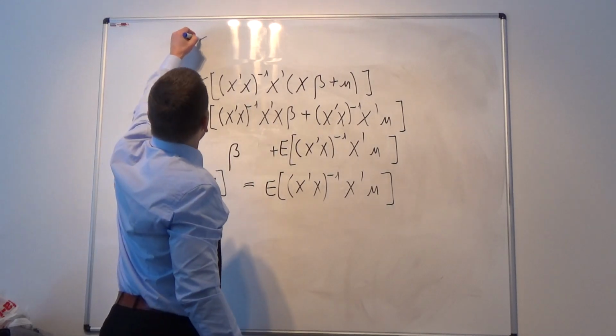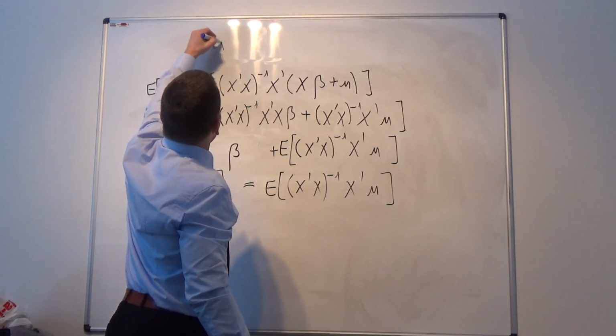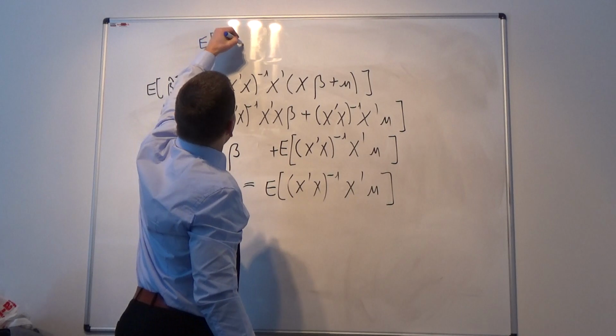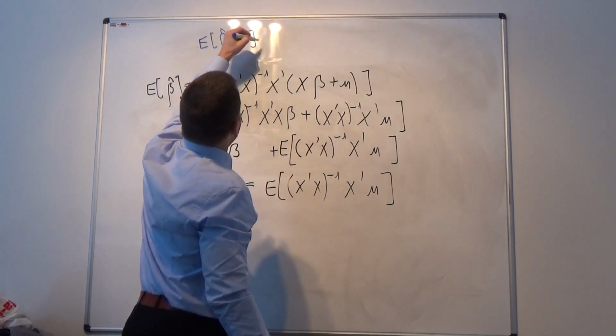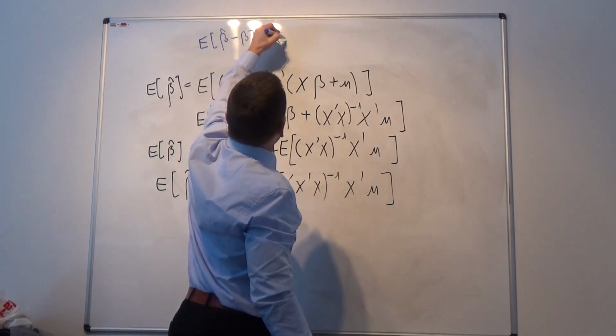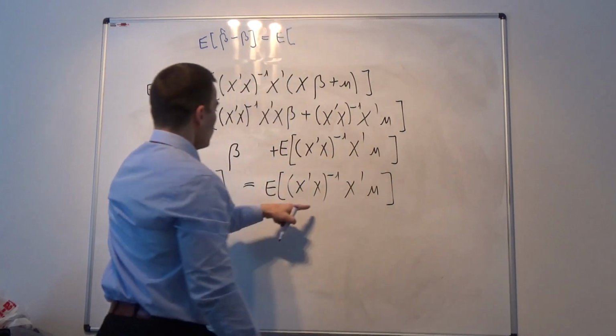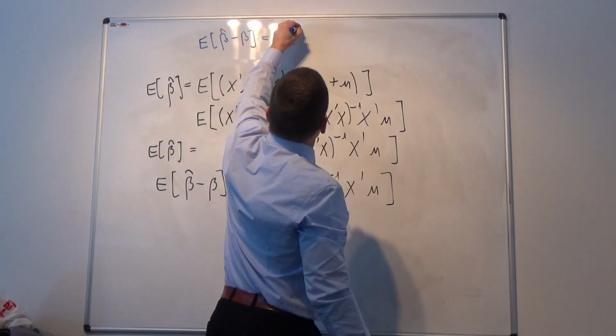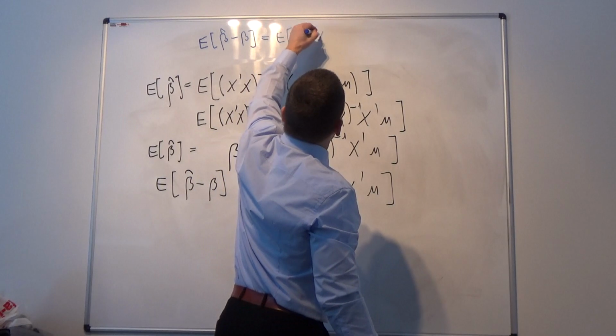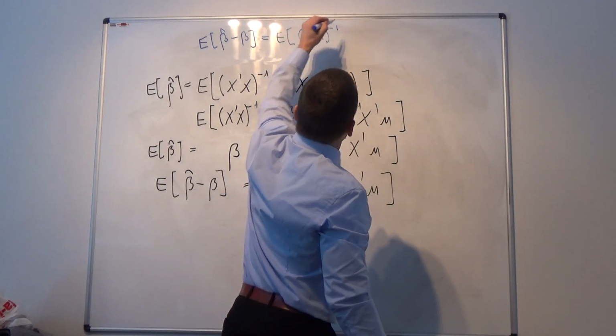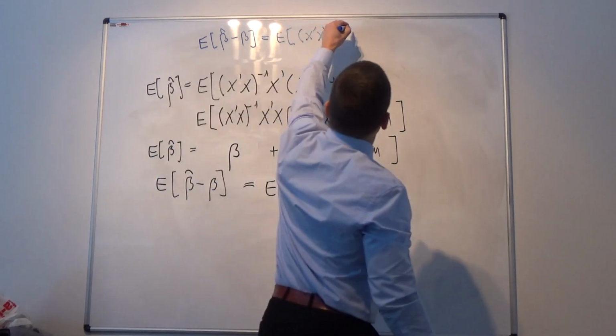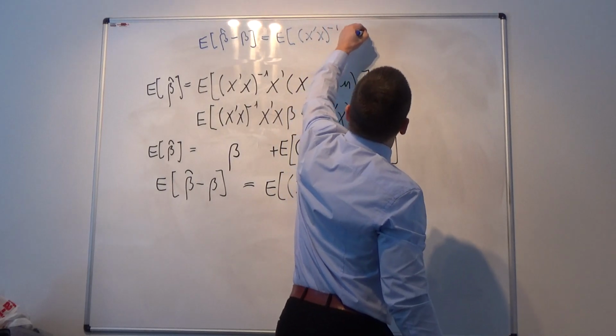The expectation of beta hat minus beta is equal to the expectation of X transposed X inverted times X transposed u.